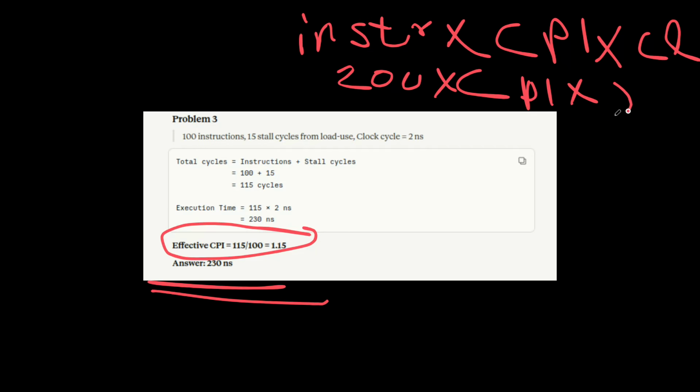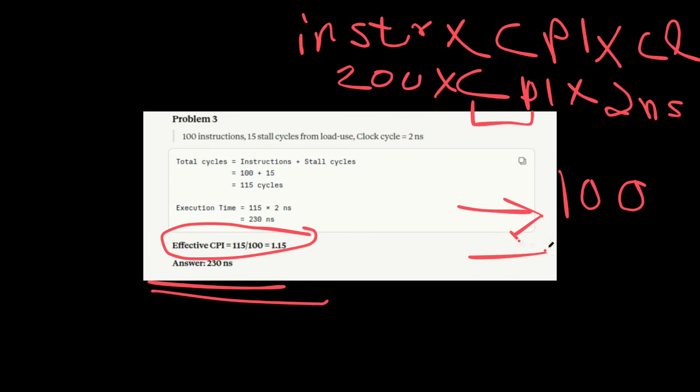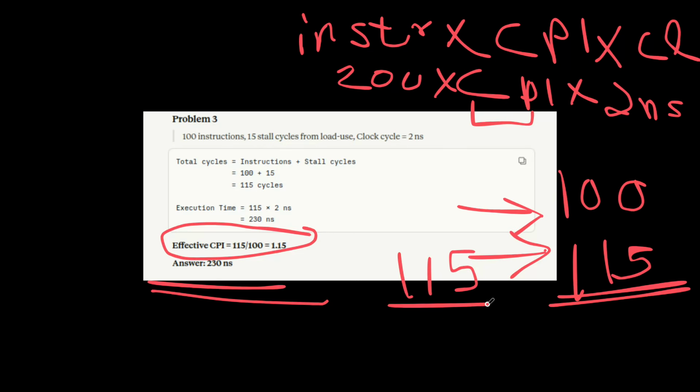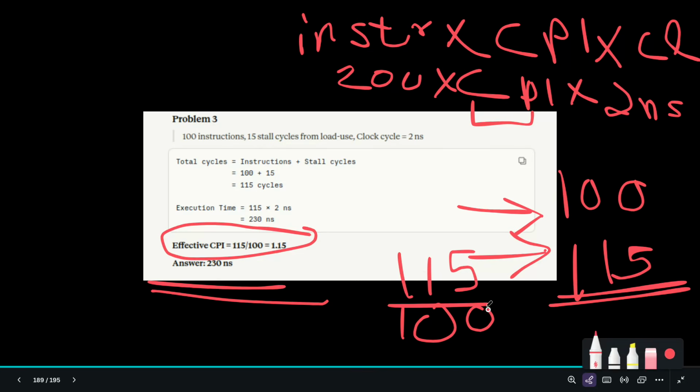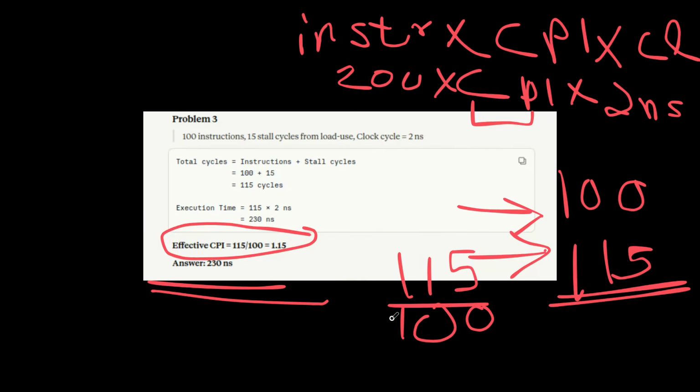In the initial condition, with 100 instructions, there would be 100 clock cycles only. But 15 stall cycles are happening, so a total of 115 cycles would happen here. If I divide 115, the current condition, by the condition where there are no stalls, 100, then you get 1.15.